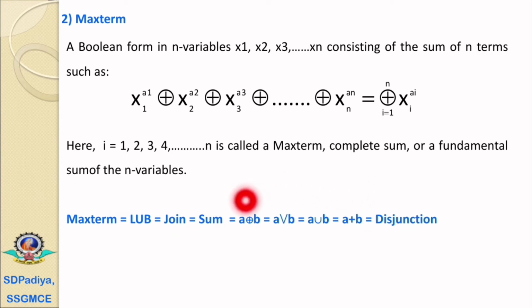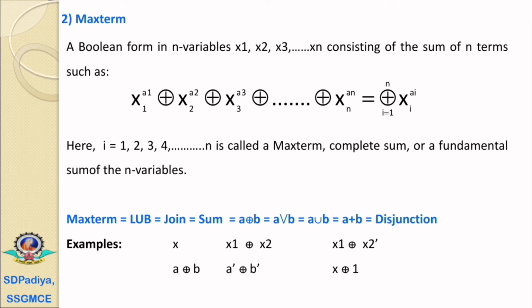It may be denoted as A sum B, A or B, A union B, or A plus B. The examples are: any single variable we can consider a max term. Therefore, x, x1 sum x2, x1 sum x2 dash, A sum B, A dash sum B dash, and x sum 1. All these are examples of an elementary sum, which is why we consider them a max term.